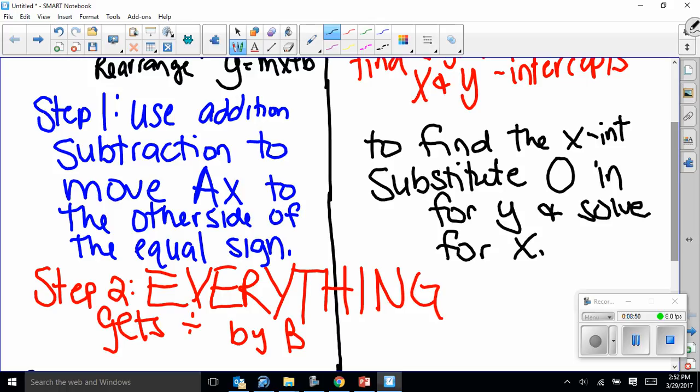To find the x-intercept, we're going to substitute 0 for y, and then we'll be able to get x all by itself. We'll be able to solve for x. That's step 1, to find the x-intercept.